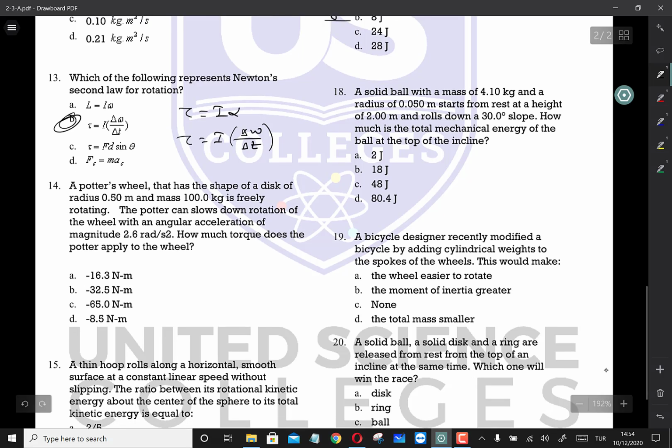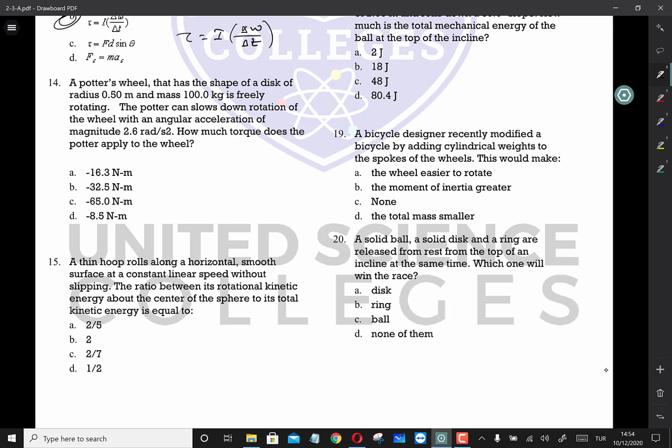Question number 14. A potter's wheel that has the shape of a disc of radius 0.5 and the mass is 100 kg is freely rotating. The potter can slow down rotation of the wheel with an angular acceleration of magnitude 2.6 radians per second squared. How much torque does the potter apply to the wheel? So torque is equal to I times alpha. Disc has a moment of inertia equation 1 over 2 mr squared.